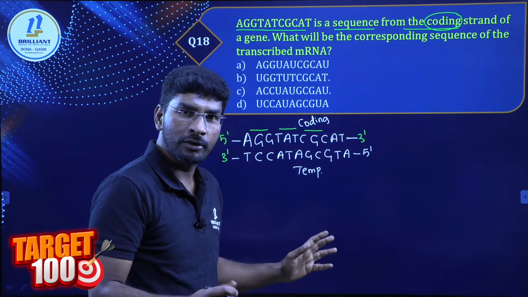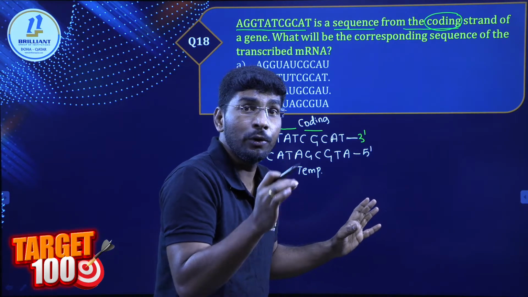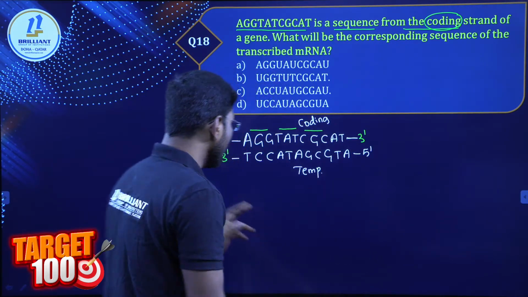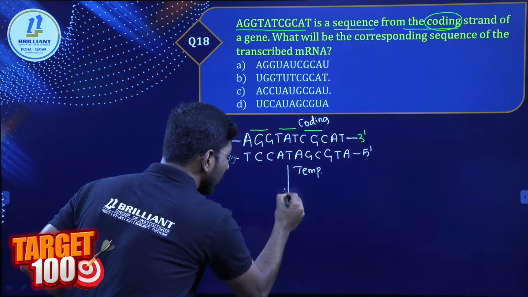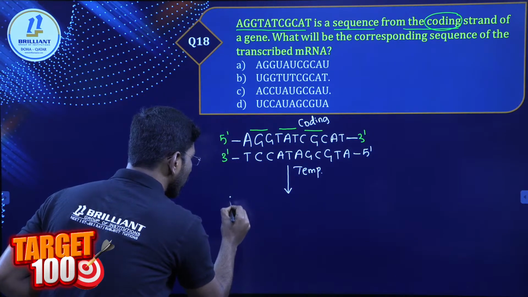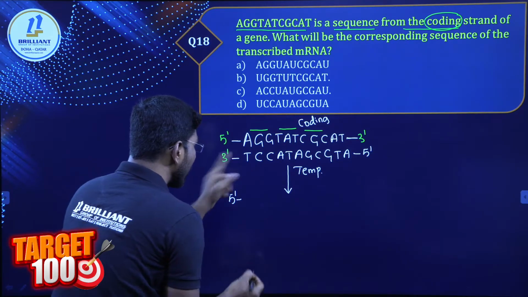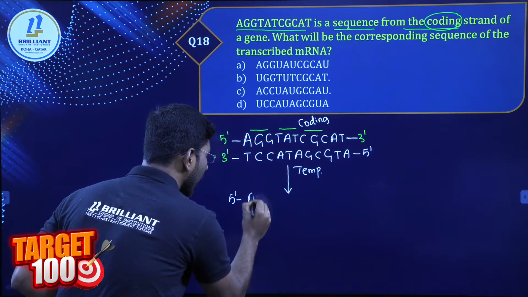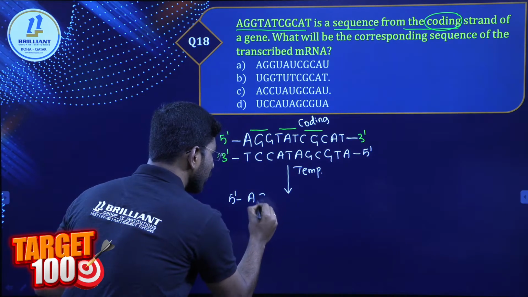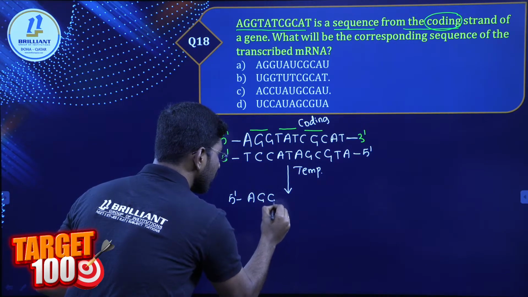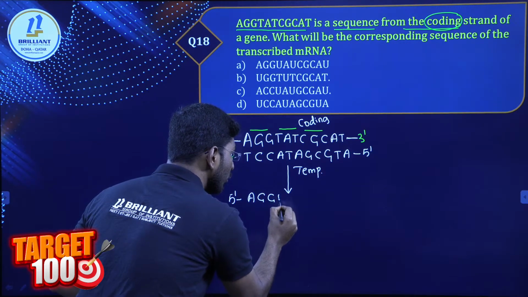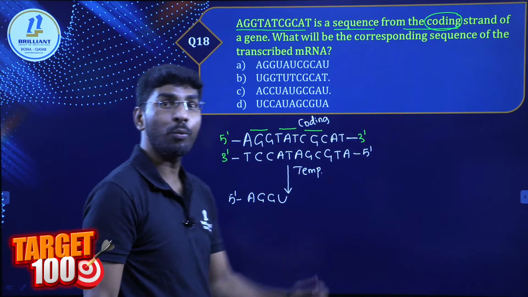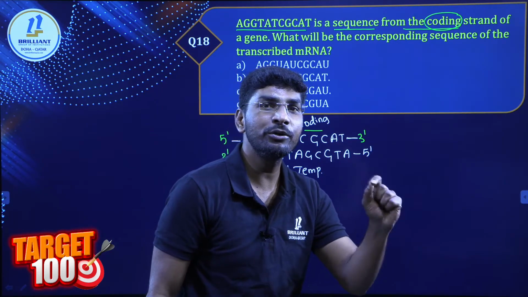Sir, did we get the answer? No, not yet. Look at here. This template strand I am transcribing. Come on, answer me all of you. Now here I should write the 5 prime. A pairs with U, T pairs with A, C pairs with G. Why U?